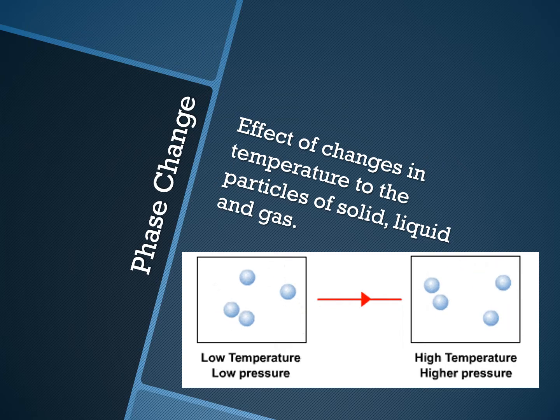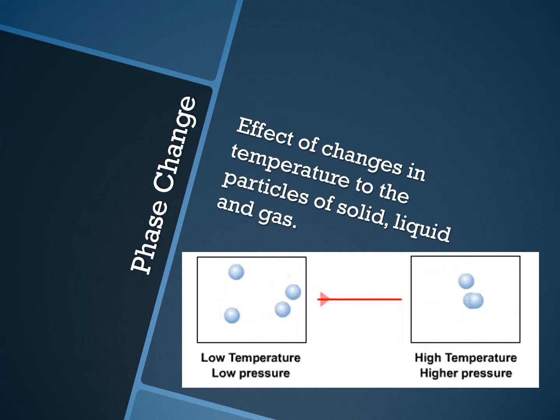This is a simple presentation and at the same time an animation of the effect of changes in temperature on the particles of solid, liquid, and gas. As I introduced a while ago, the phase changes when the kinetic energy increases because of higher temperature.